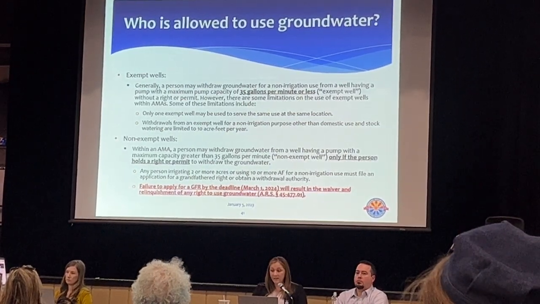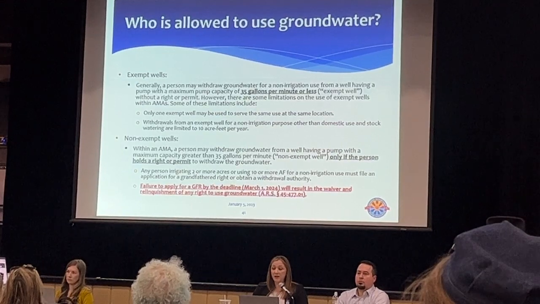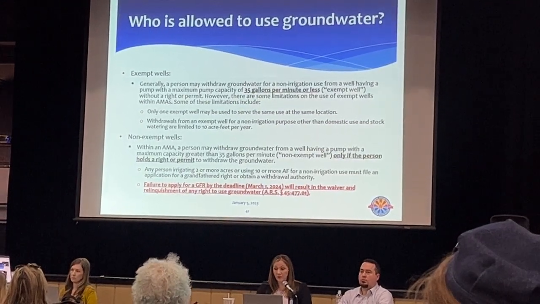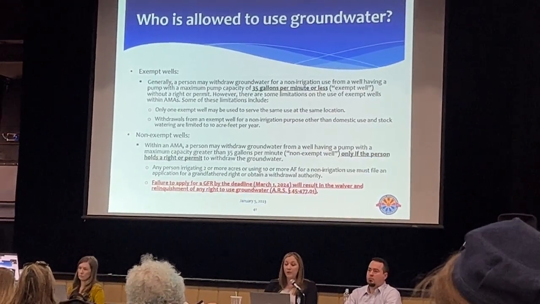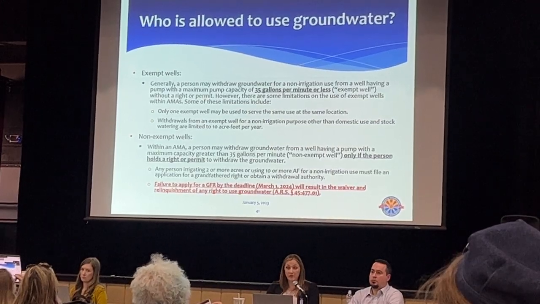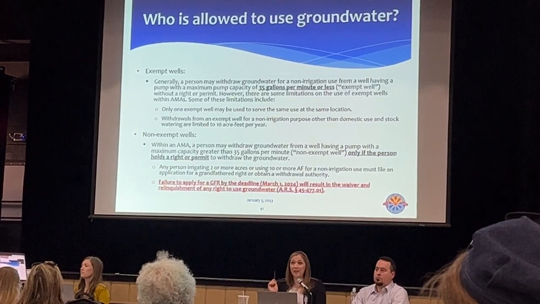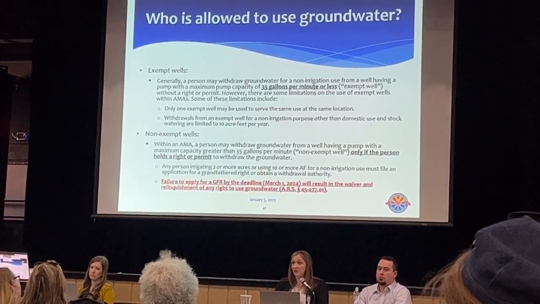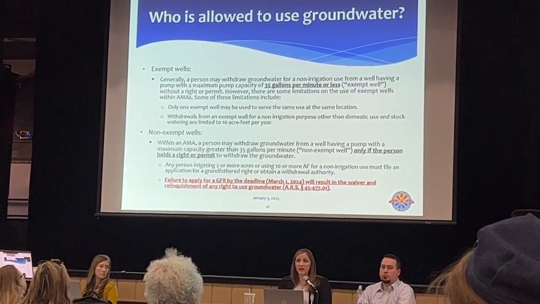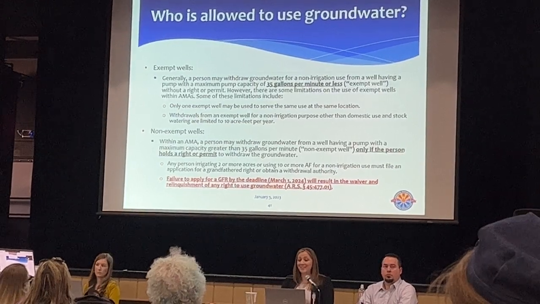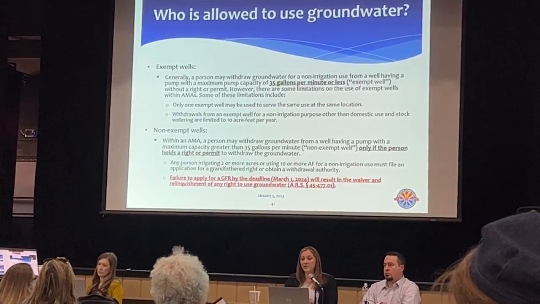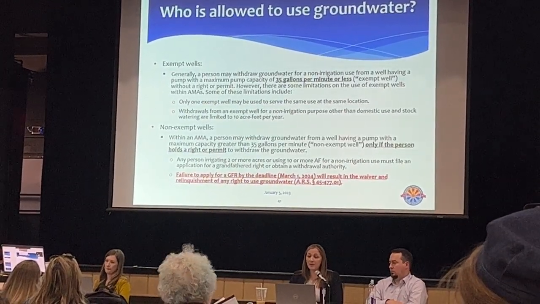There are, like I said earlier, some limitations on the uses of exempt wells though. So you can use only one exempt well at the same location, and withdrawals from that exempt well have to be for a non-irrigation purpose, so domestic use, stock watering, that type of thing, and limited to 10 acre-feet per year.